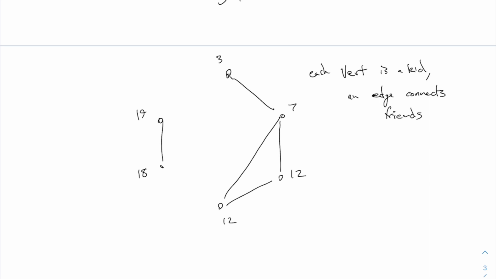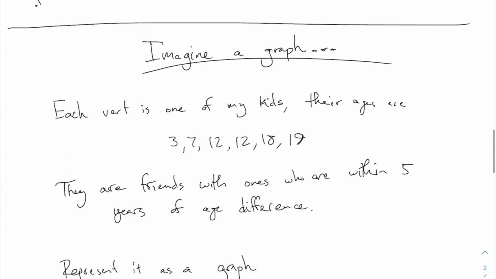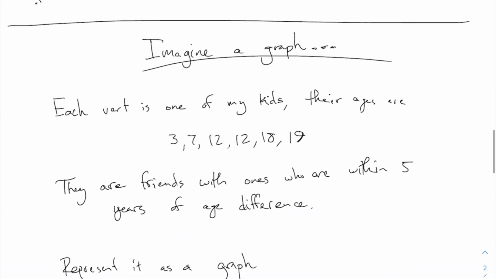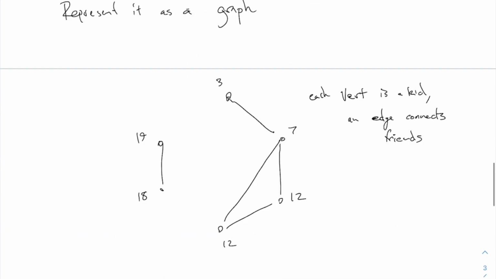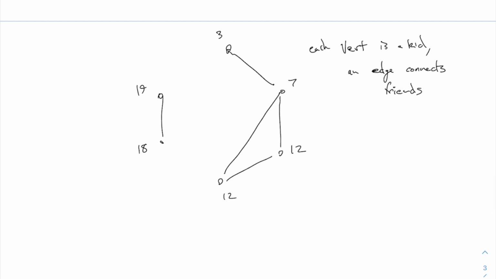What do you see about this graph? The point of drawing a graph like this is that it can give you some kind of insight that you might not notice just by looking at that list of numbers up here. It's hard to visualize the relationships. But when I see the graph like this, actually I can visualize a whole lot of things. And it seems to me, for example, this is disconnected, which means that my kids will naturally sort of segregate into two groups, right?